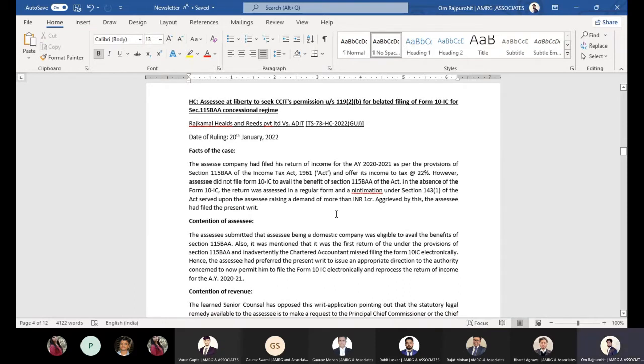Coming to the next case law, this was issued by the Gujarat High Court in the case of Rajkamal Hills and Reeds Private Limited.